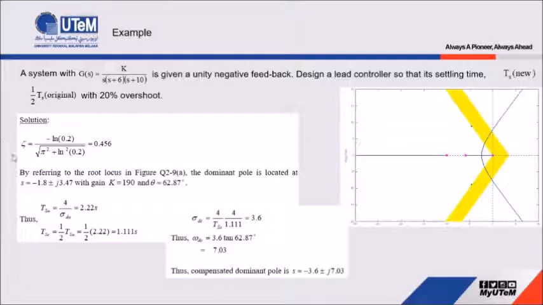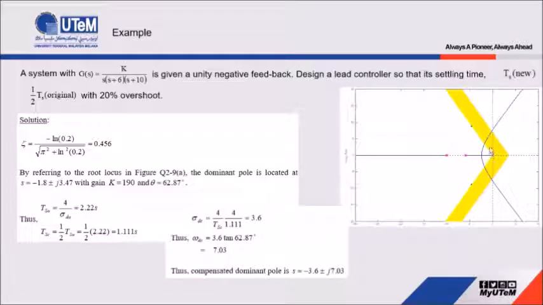From this value of zeta, we can find the value for theta, where we use the formula zeta equals cos theta. From there, we find theta equals 62.87. After we get this theta, we can draw this zeta line here based on theta equals 62.87.